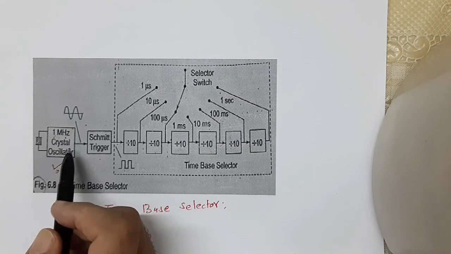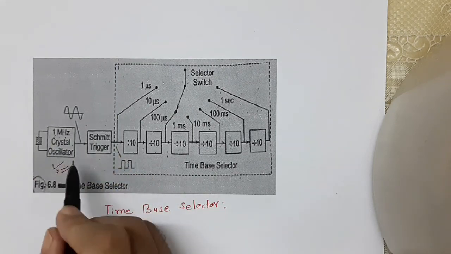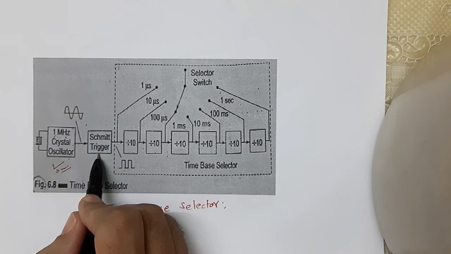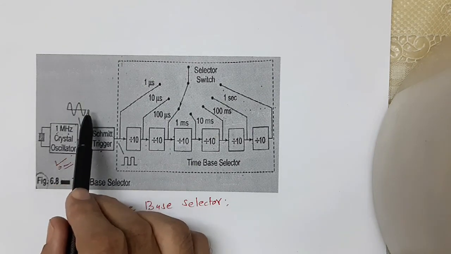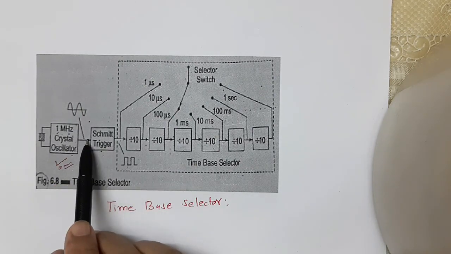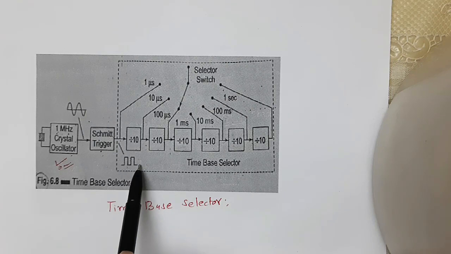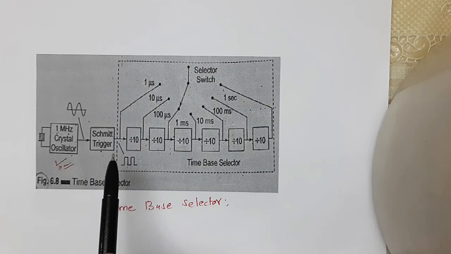The output of the crystal oscillator is connected to the Schmitt trigger, which converts the input sine wave to an output consisting of a train of pulses. See, this is your sine wave; it is converted to a train of pulses, or we can also say a square wave.